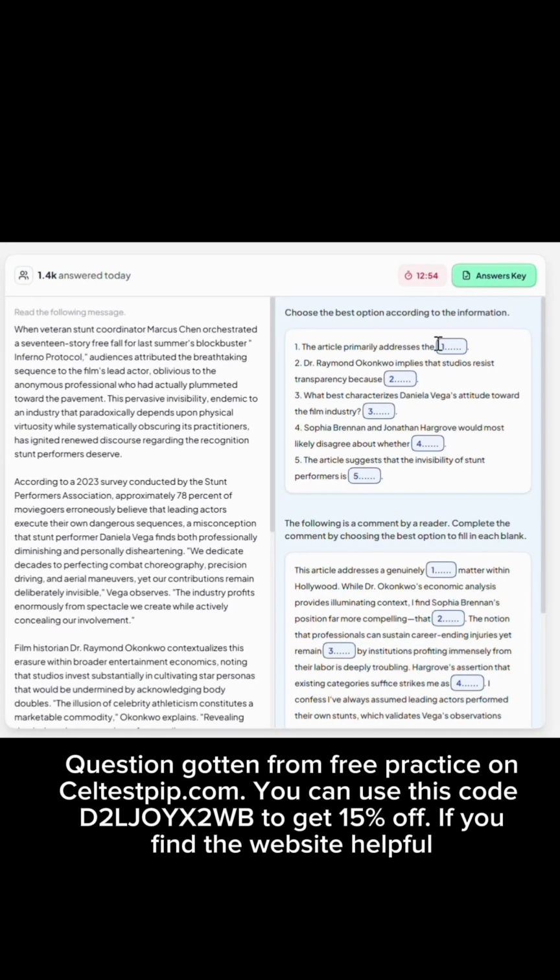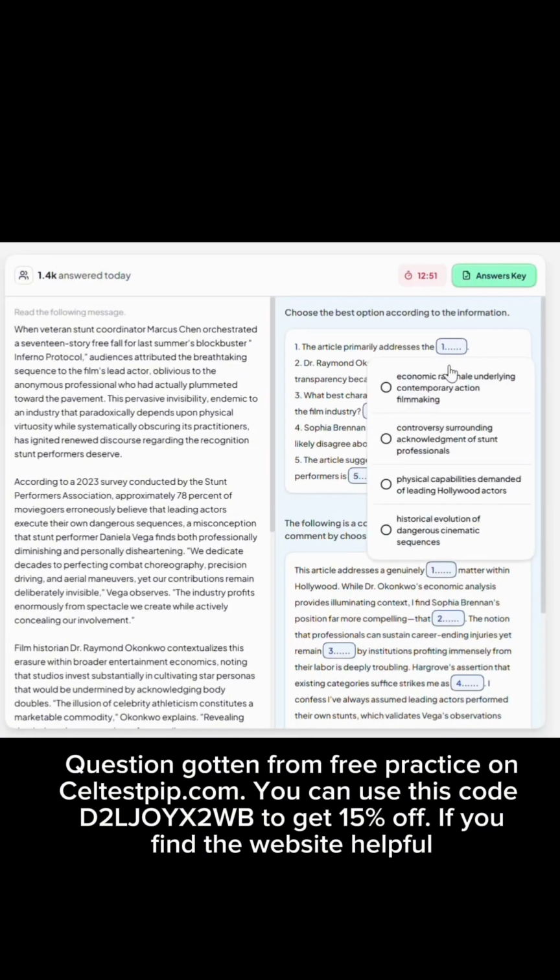So guys, to start answering the questions, I go to my number one question. I read the question and go through the options, then I have an idea of what I'm looking for. And then for that number one, like I said, I try to skim through the passage. I run through the passage quickly by skimming, reading the first sentence and also the last sentence. This gives me an idea of what this passage is all about.